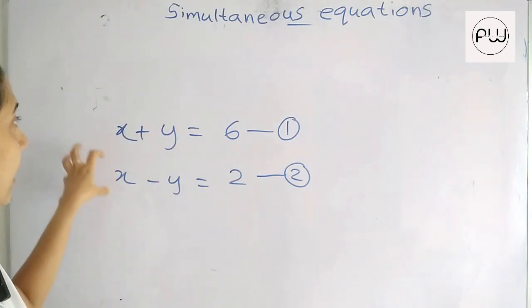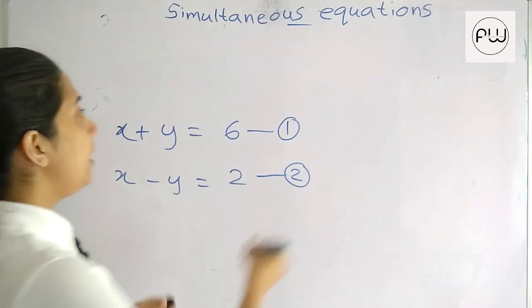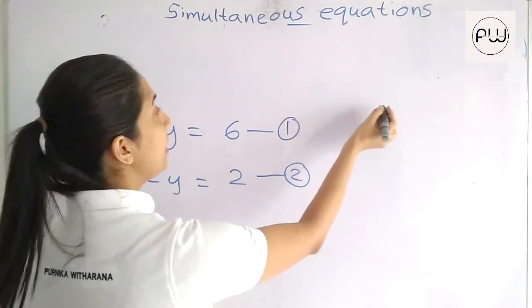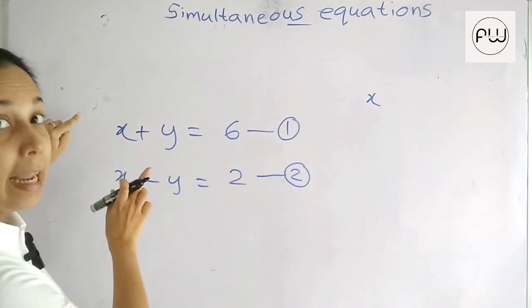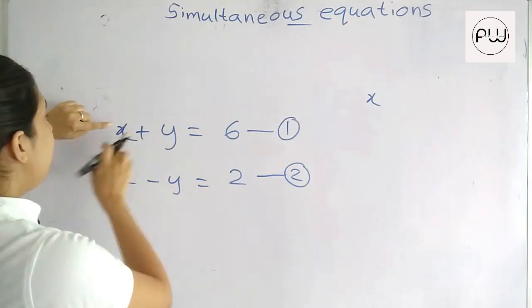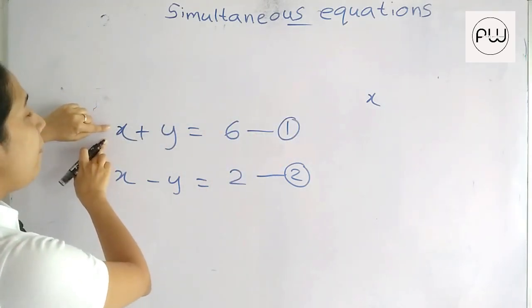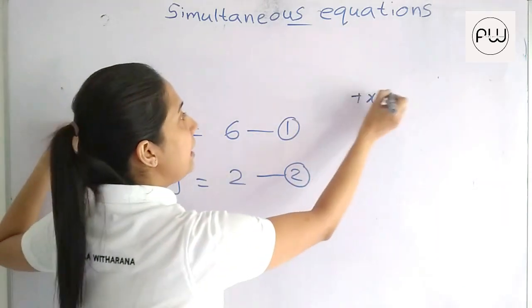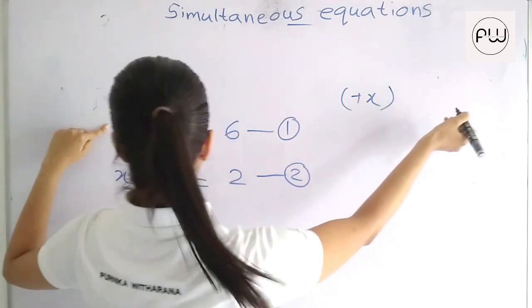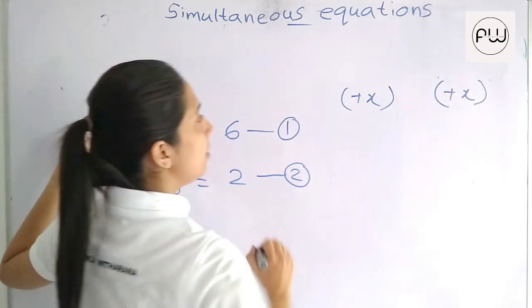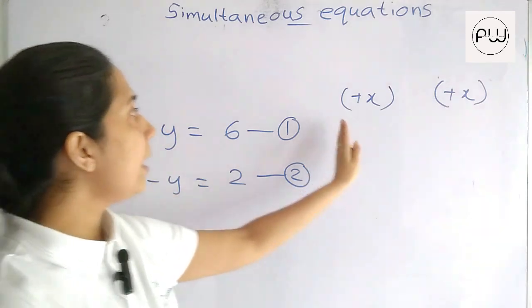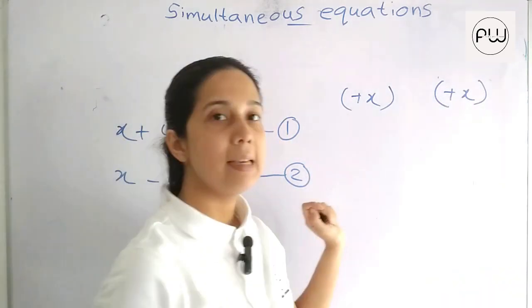If we select x to get rid of, then how can we cancel the x term? In the first equation, you have to check the sign as well. In the first equation, the sign of x is plus and in the second equation also, the sign of x is plus. Then now let's see how we can cancel out this x term.